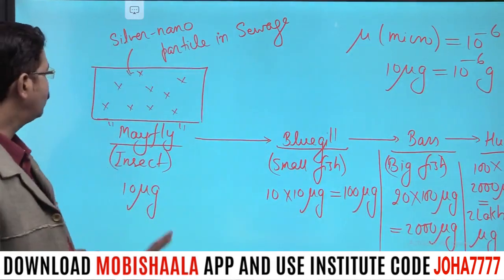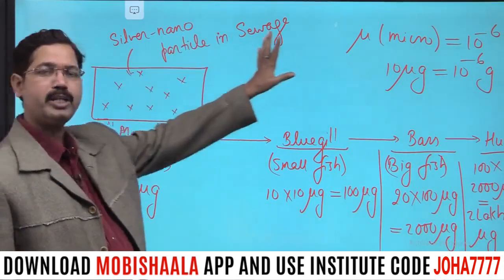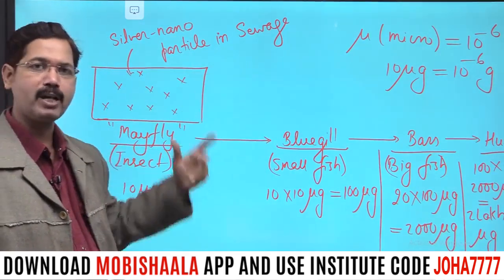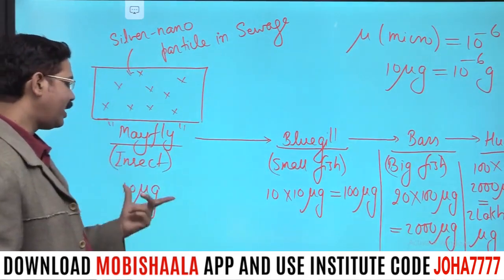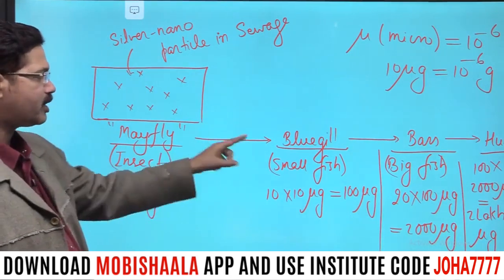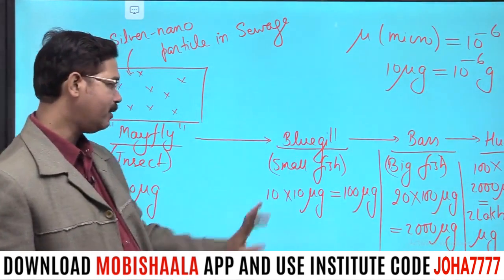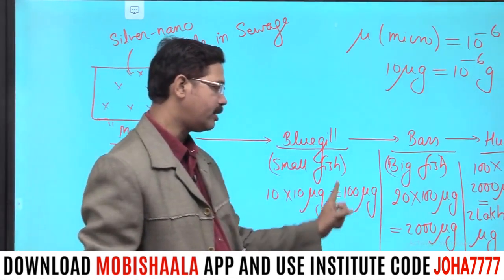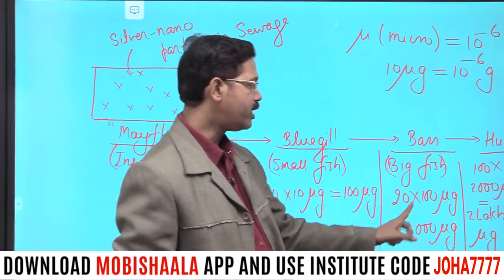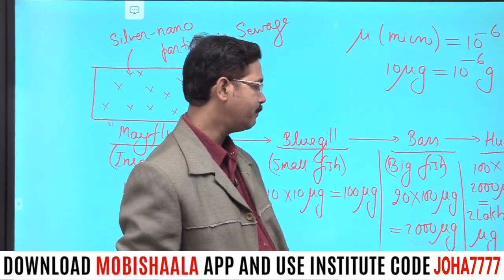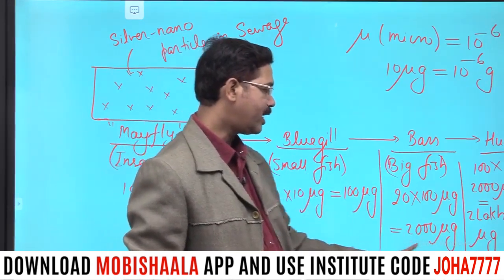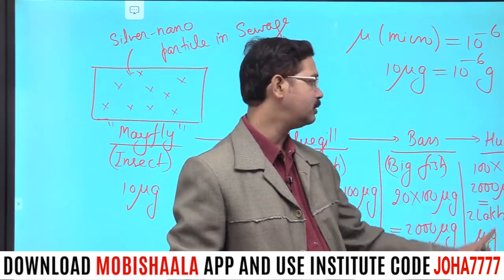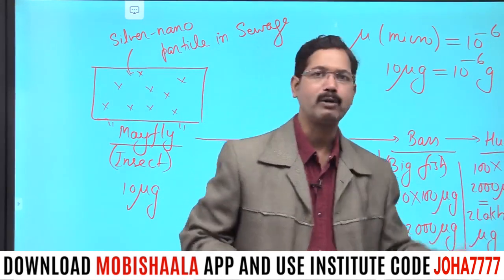I am telling that the silver nanoparticle which we are using in the socks and in the deodorants is not destroyed in the sewage discharge. It is consumed by the mayfly, that is a type of insect, which is further consumed by the bluegill, where it multiplies. Suppose 10 insects are eaten by the bluegill, it has accumulation of 100 microgram. If 20 fish are eaten by the bass, the big fish, it has 2000 microgram. And if a human consumes 100 fish in total life, then it is 2 lakh microgram.